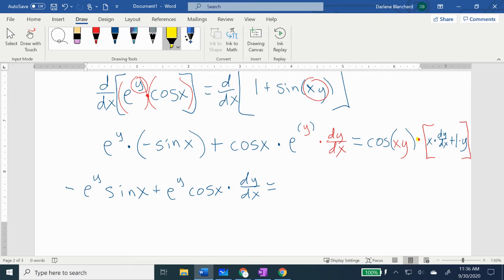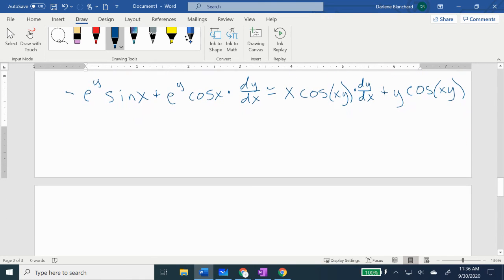And I need to distribute this multiplication over this addition, so I'm going to do that right now as I'm rewriting. That means I have x times dy dx times the cosine of xy plus y times the cosine of xy.